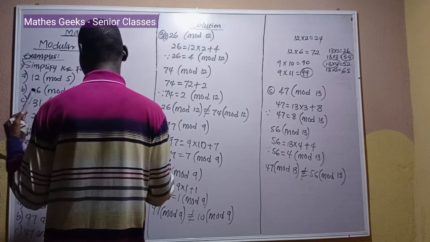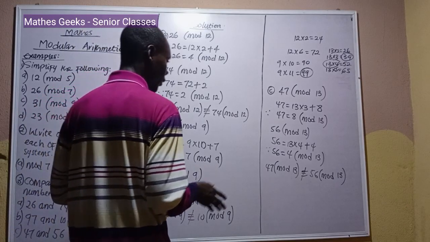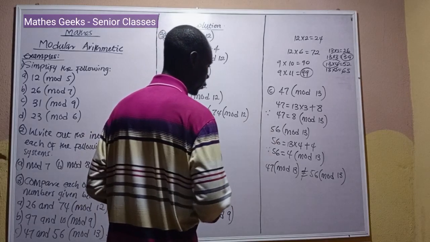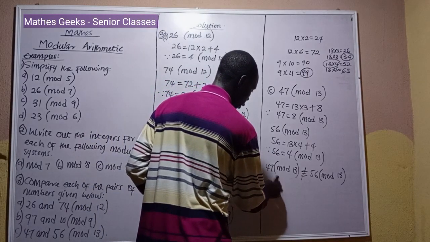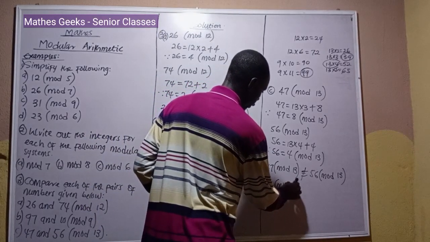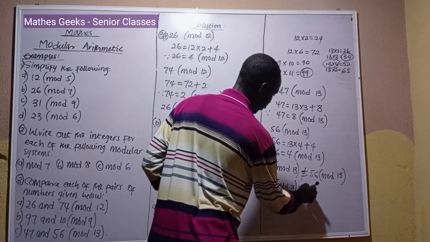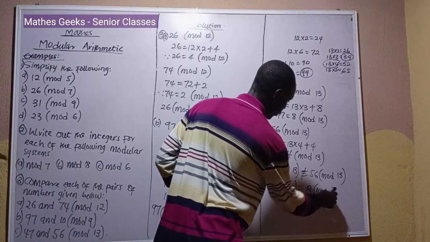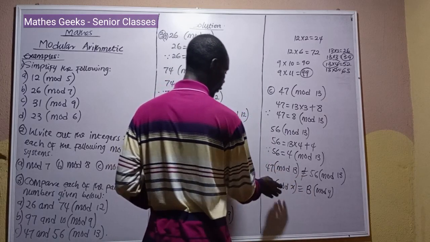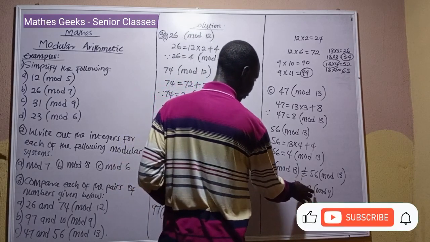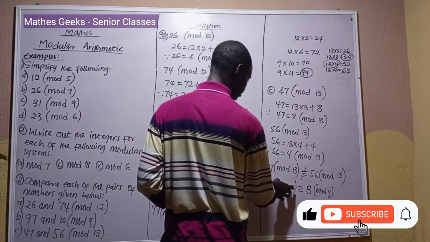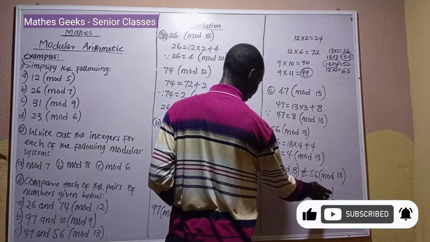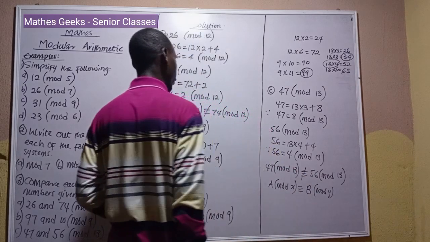So assuming it is A in mod X is equivalent to B in mod Y, what it means is that the remainder of A in mod X is the same as the remainder of B in mod Y. In that case, they will be equivalent.